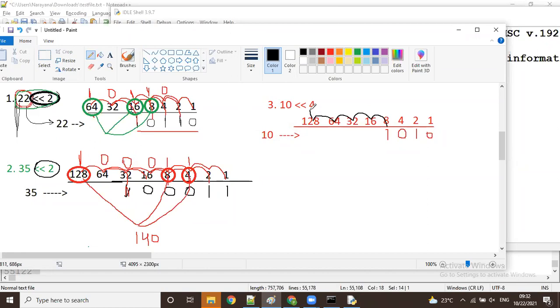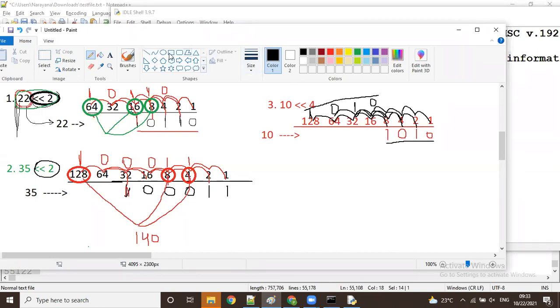That one coming here. And next one, 1, 2, 3, 4. 0 coming here. Next, 1, 2, 3, 4. That one is coming here. Next, 1, 2, 3, 4. 0 coming here. 1, 0, 1, 0. Here also 1, 0, 1, 0.